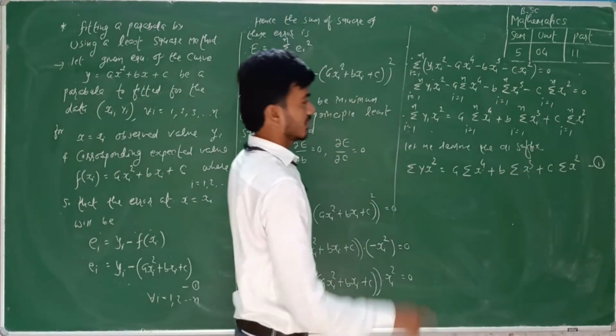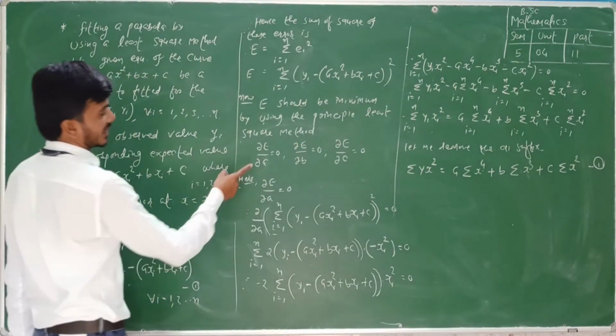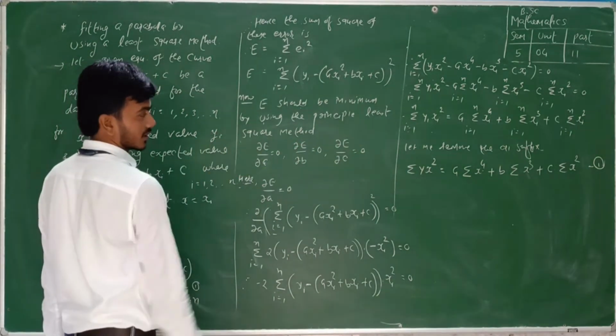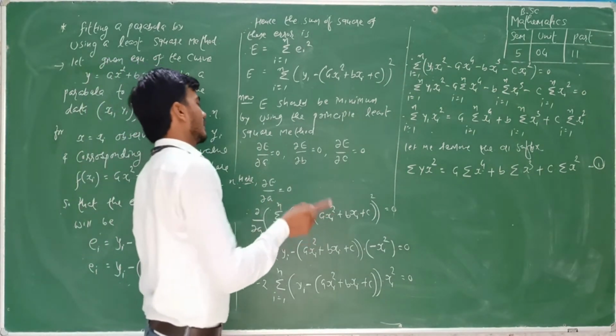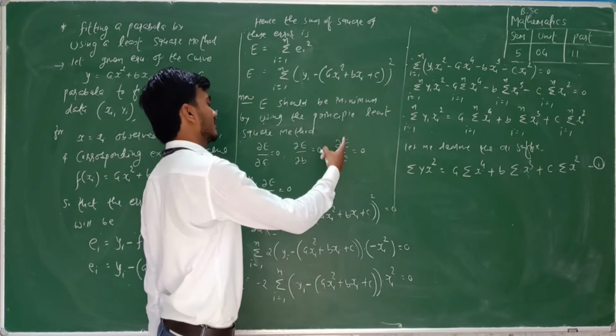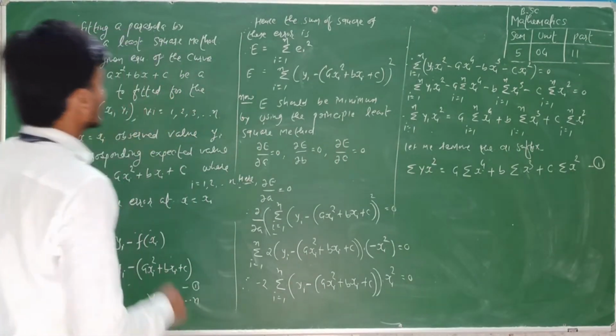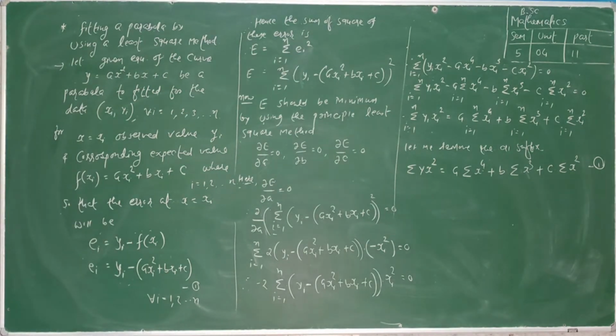This is equation number 1, and this equation can be retrieved from del E upon del A is equal to 0. Another equation is retrieved from del E upon del B is equal to 0, and another equation from del E by del C is equal to 0. Note down, and further we retrieve these other equations.